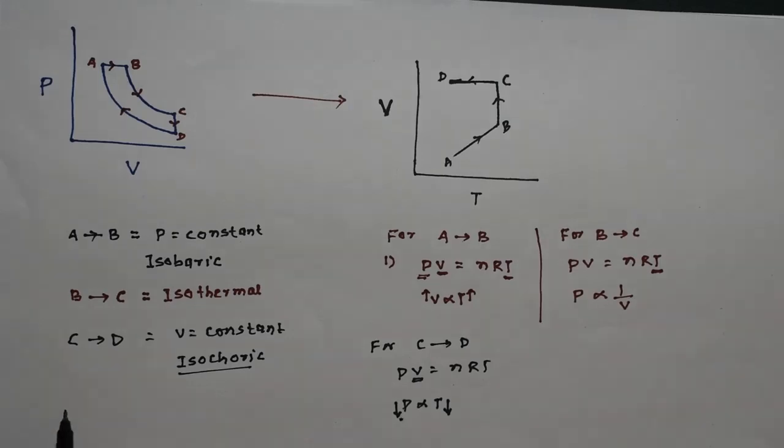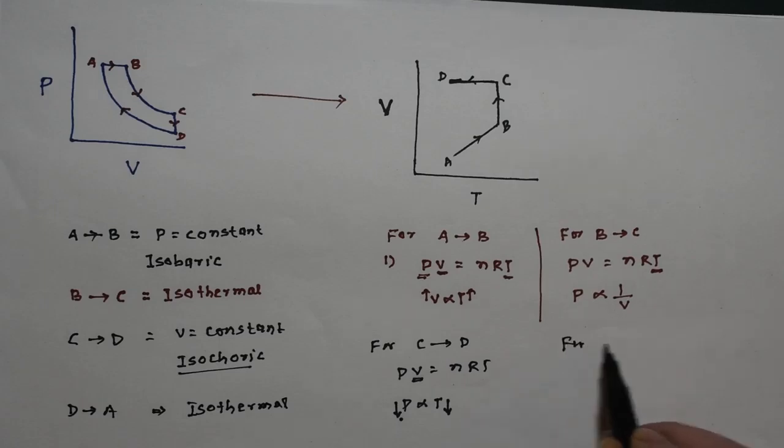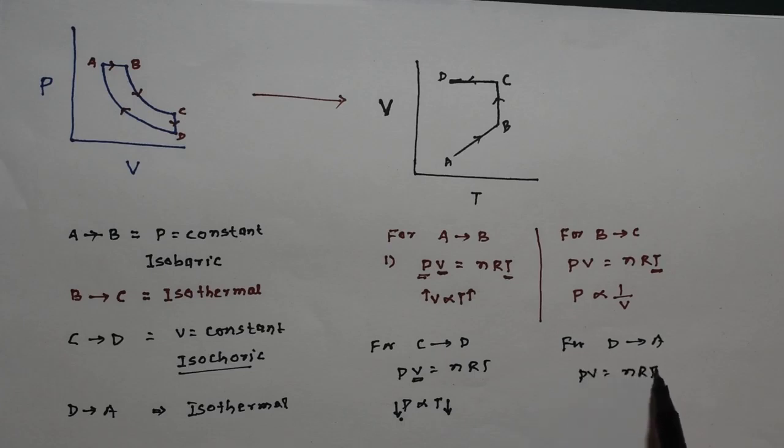And for the last process D to A, it is an isothermal process, because temperature is constant. That means for D to A, PV equals nRT, and here temperature is constant, so pressure is inversely proportional to volume.